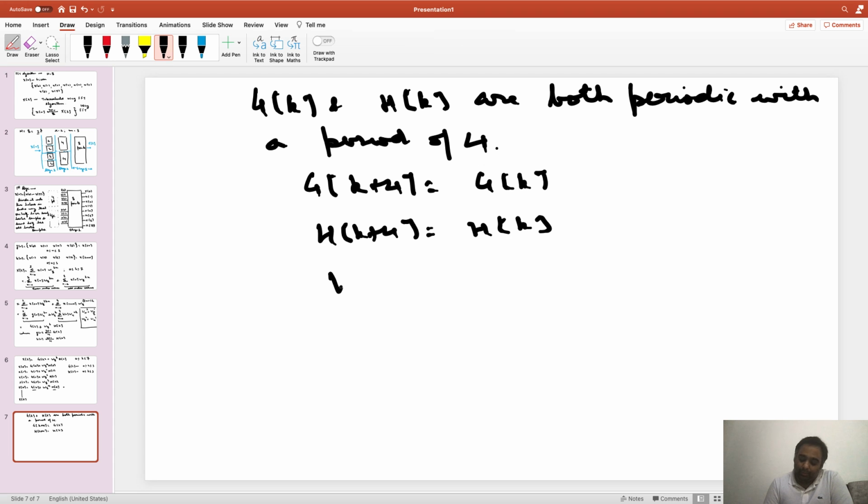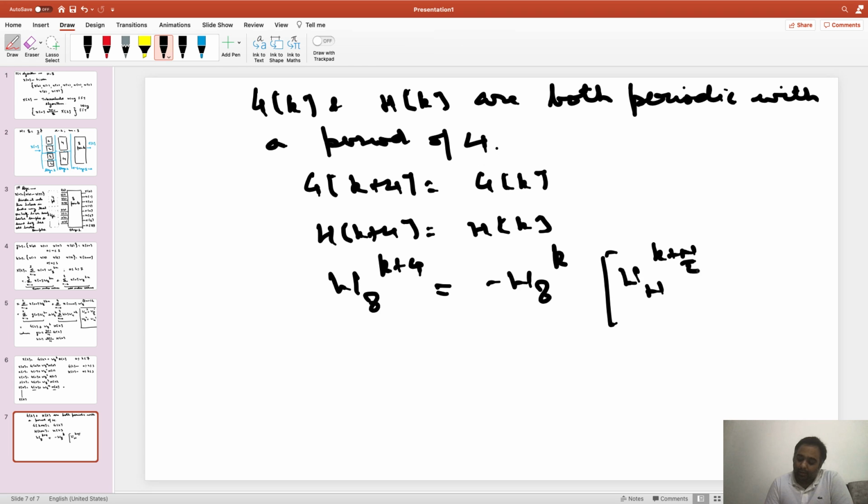And there is another property of twiddle factor, which means that W8 to the power k plus 4 is fundamentally minus W8^k. This comes from the property that if you have an N-point DFT and you have W_N to the power k plus N by 2, then this becomes fundamentally minus W_N^k. It's a standard property and you can always derive it, but we will exploit that rule over here.